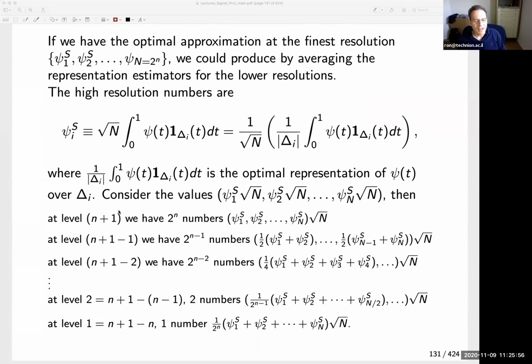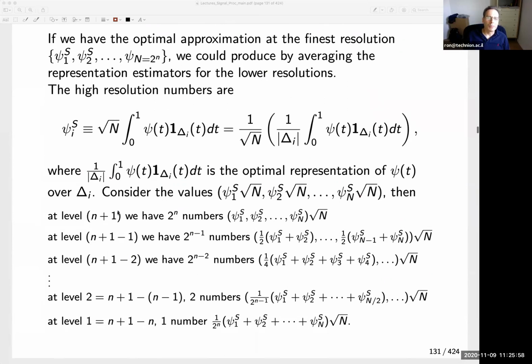And now we will take it to the limit. So if we have an optimal approximation of the finest resolution, okay, so now assume that we have all capital N numbers at the finest resolution, we could produce by averaging the representations at any lower resolution. So getting from high resolution to low resolution is trivial, okay?